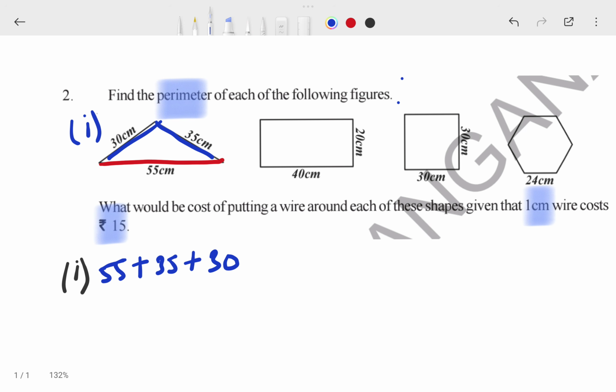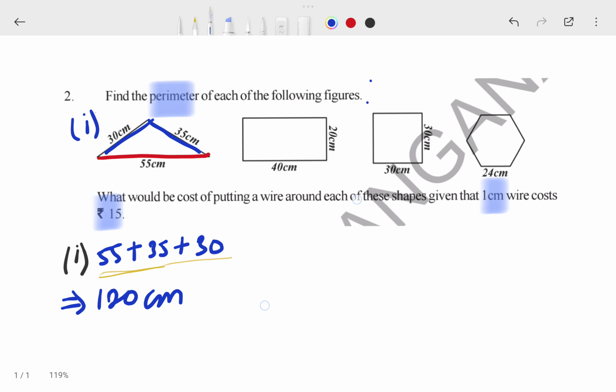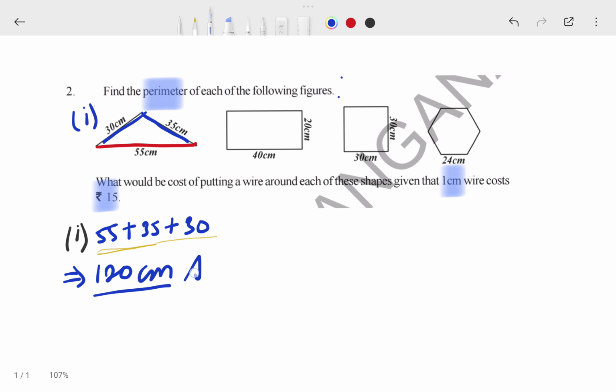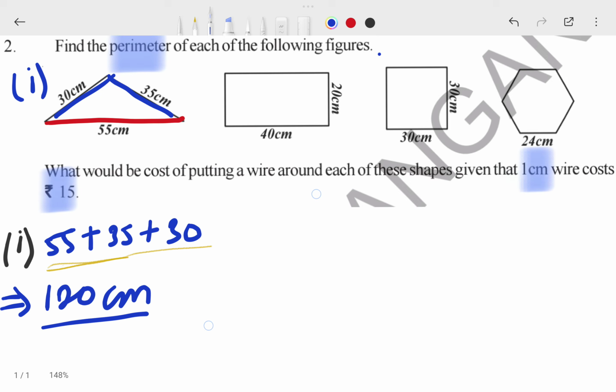Now add: 55 plus 35 is 90, and if you add 30, it's going to be 120. So it is 120 centimeter, and this is the perimeter. 120 centimeter is the perimeter.